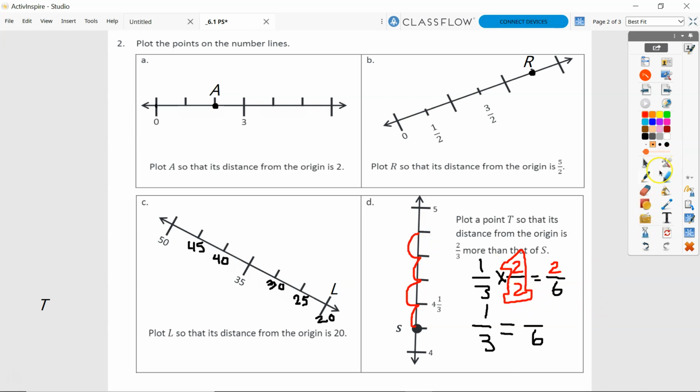In essence, what we did was answer this question: if 1/3 is equal to 2/6, then 2/3 is equal to what? It would be the same thing, times 2 on top and bottom, so it would be 4/6. So we know that our point T, bear with me here, is going to be right here.